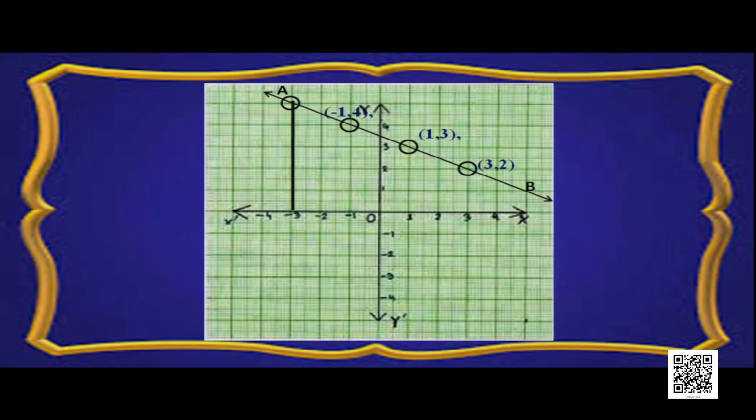So its x coordinate is minus 3. From that point, if we count 1 centimeter to 1 centimeter upward, we can see that the y coordinate is 5. So the coordinates of this point are (minus 3, 5).